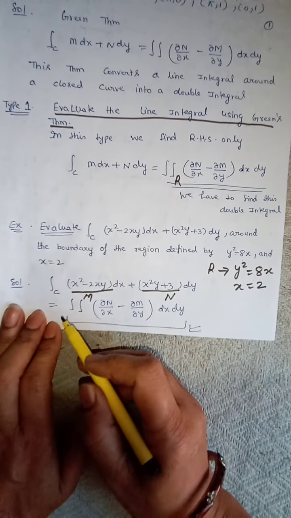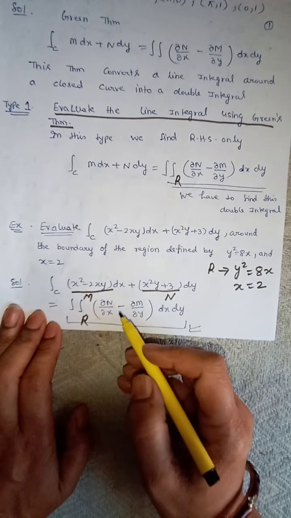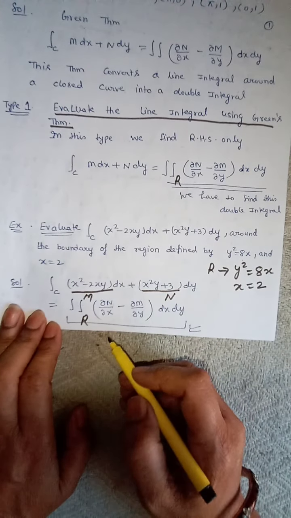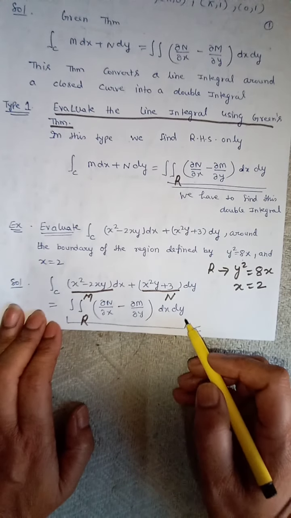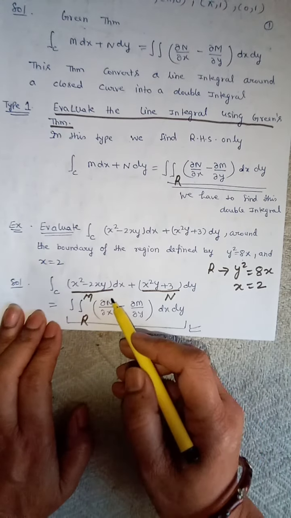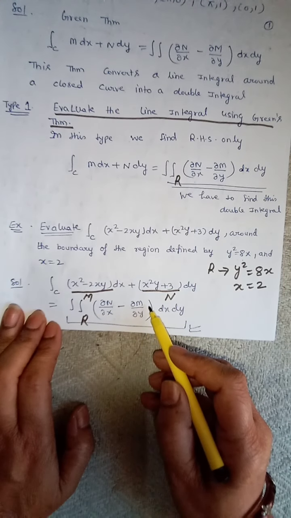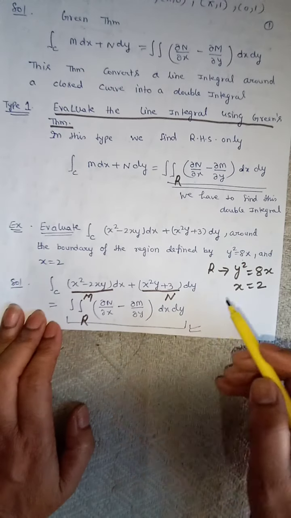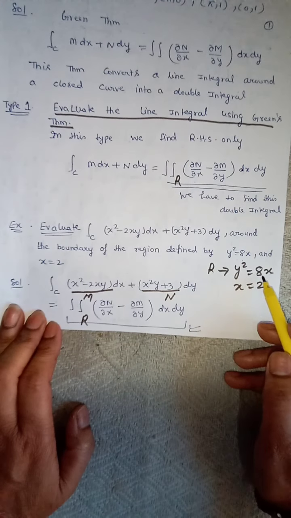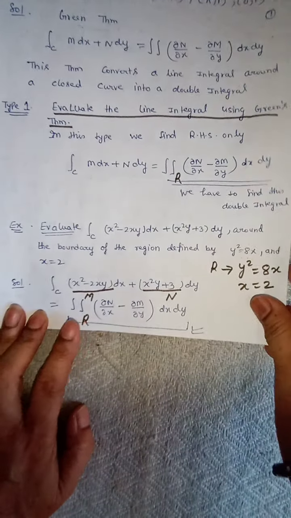So this is equal to the double integral over the region R of (∂N/∂x minus ∂M/∂y) dx dy. Now we have to find ∂N/∂x, ∂M/∂y and the limits using the region R, and our region R is y square equal to 8x and x equal to 2.